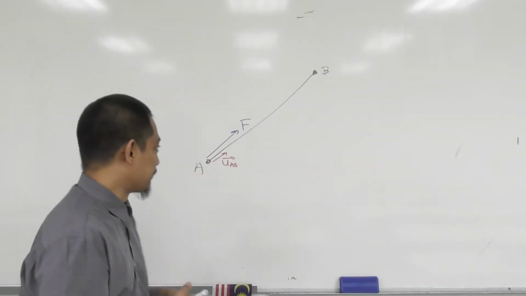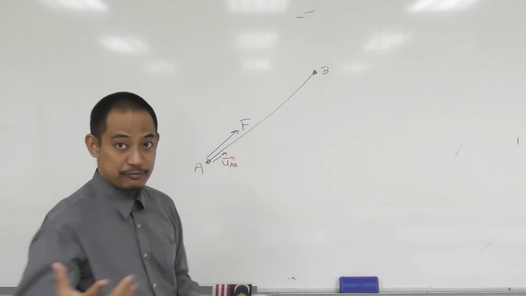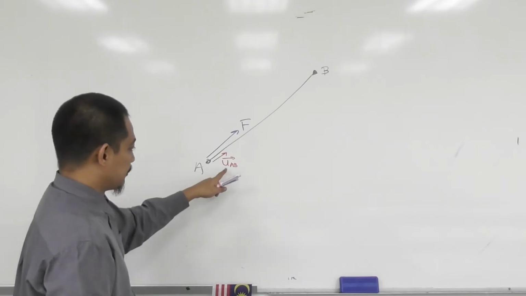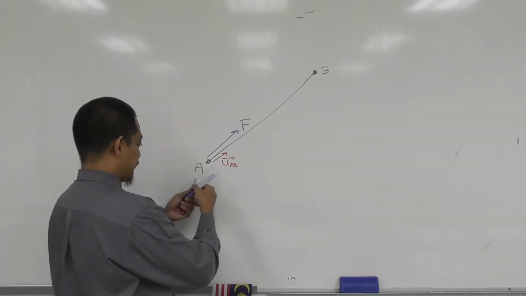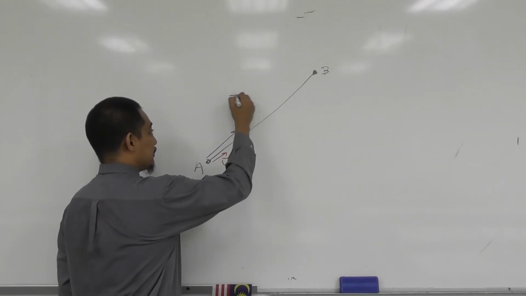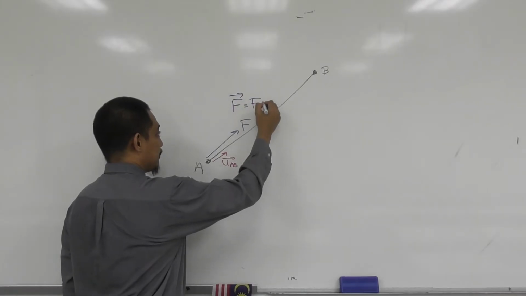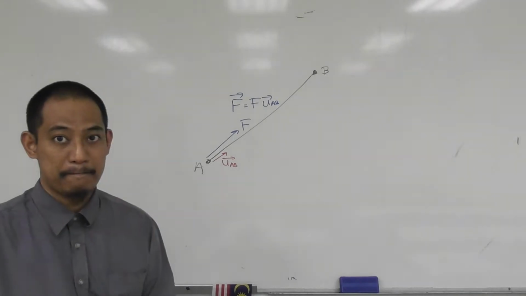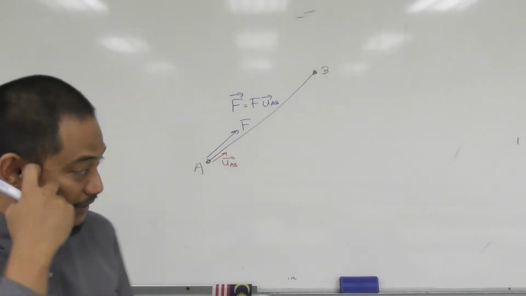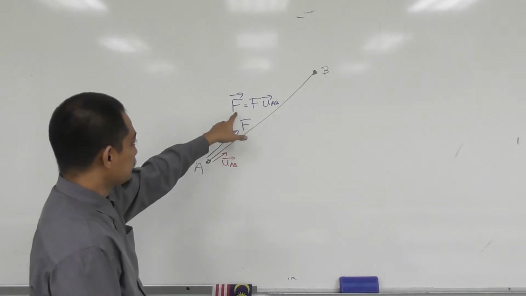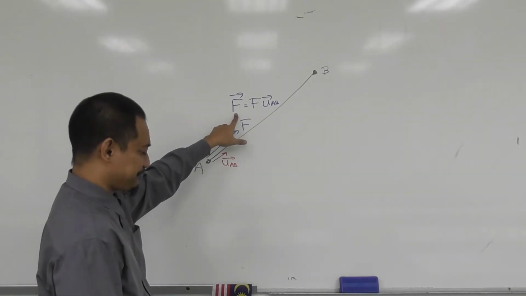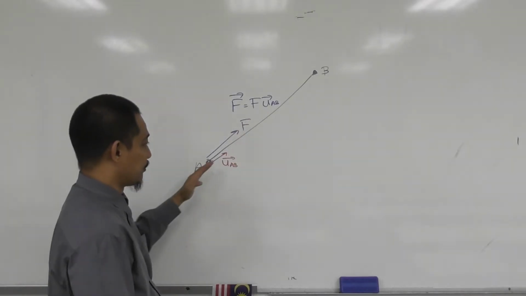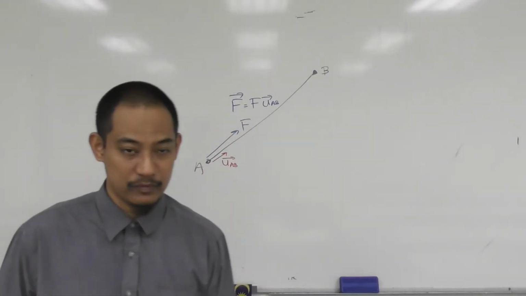For example, if we know the magnitude of F is 10 Newton, and we know the unit vector, then F in vector form is simply F times the unit vector of AB. The force vector is the magnitude of the vector times the unit vector along the line of action.